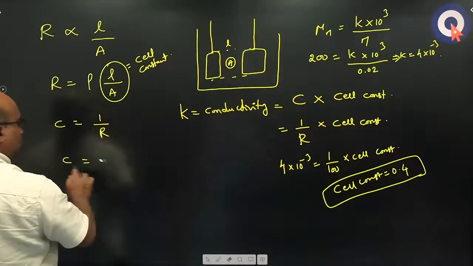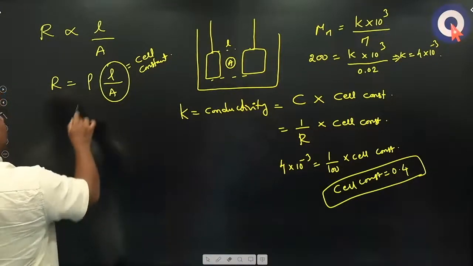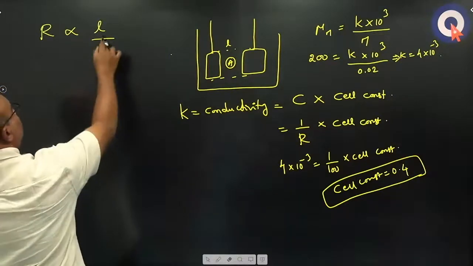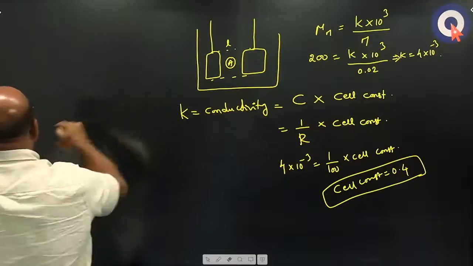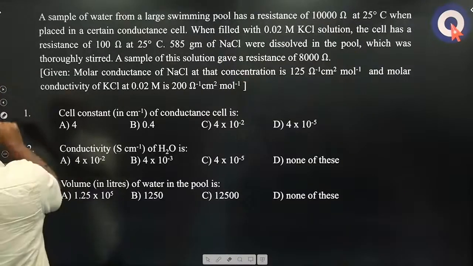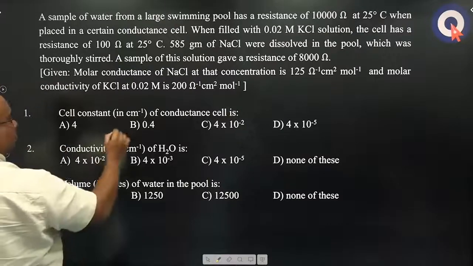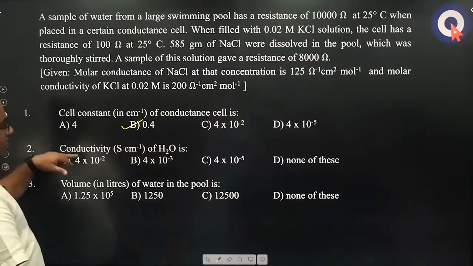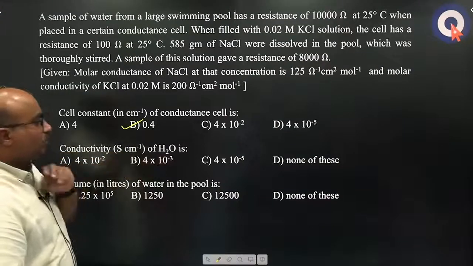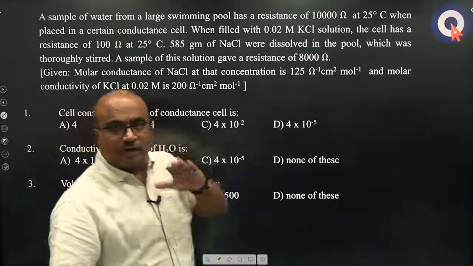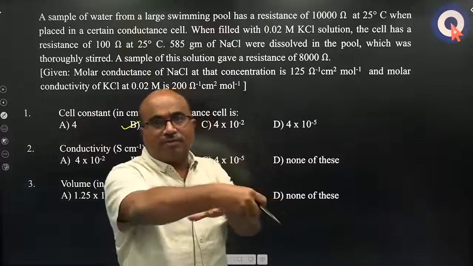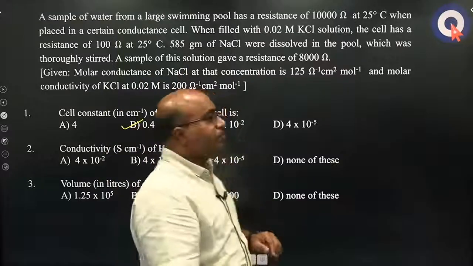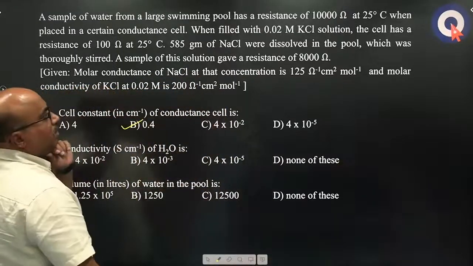So what do we require here other than that cell constant? Let us see. The cell constant is 0.4. What is the conductivity of H2O? If the same conductivity cell is filled with a sample of water taken from the pool, its resistance was given as 1000.